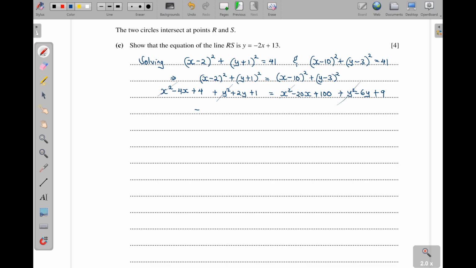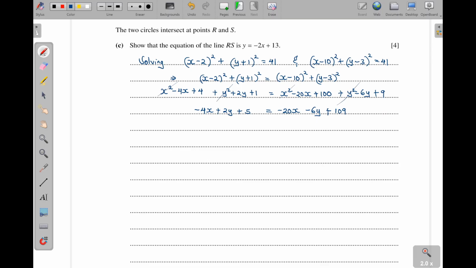That means on this side we have −4x + 2y + 4 + 1, which gives 5, and on this side −20x − 6y + 100 + 9, which gives 109.